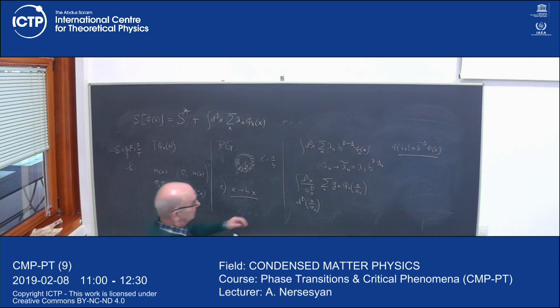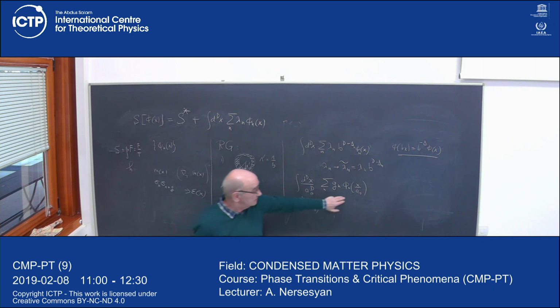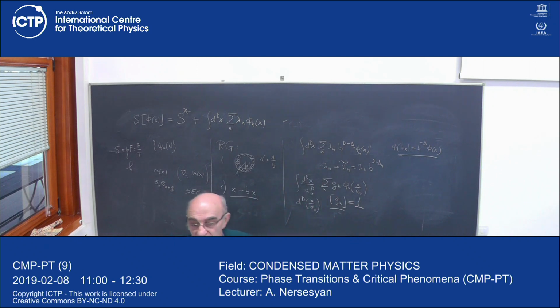So therefore, this is dimensionless. I will choose the field to be dimensionless. I can always achieve it. The coordinate is dimensionless. Everything is dimensionless. The whole integral should be dimensionless. Therefore, g_n is dimensionless. It's one. It does not have any engineering dimension, not length or velocity or energy or anything else. I can always achieve that.